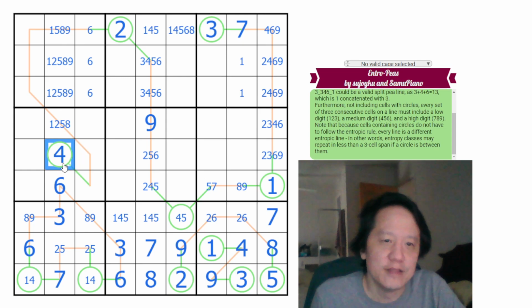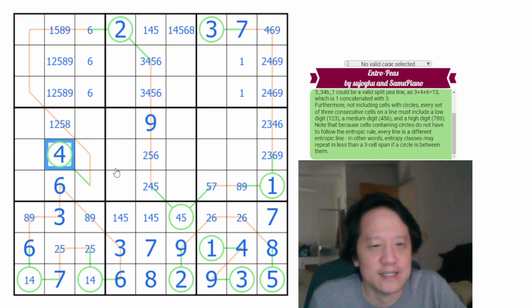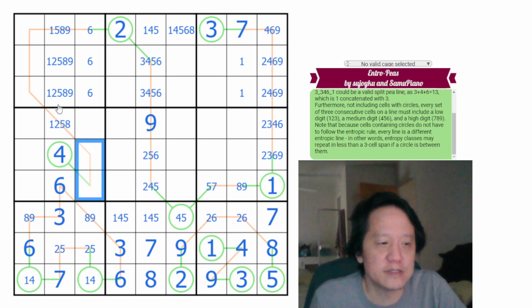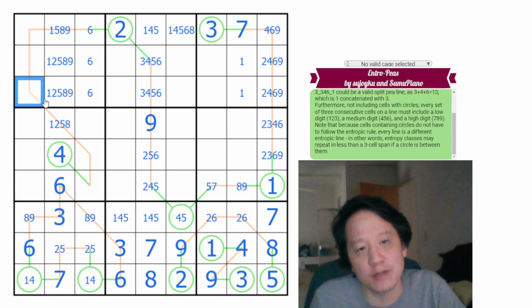Anyways, this is 42. So this is a low, a medium, a high. So 49. So it's at least 12, at least 19. Okay, so it has to be pretty big.